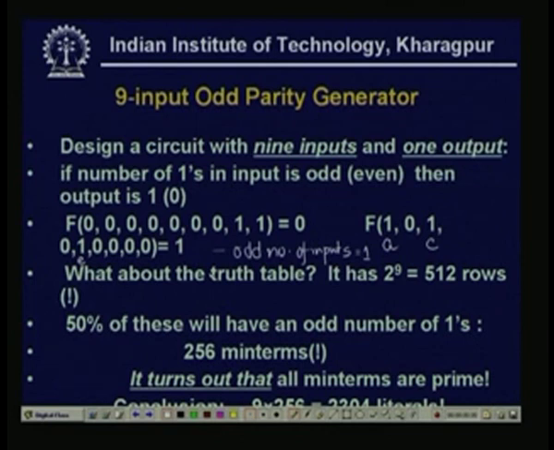So there will be 256 minterms. To explain again, we have taken a function f of 9 variables a, b, c, d, e, f, g, h, i.